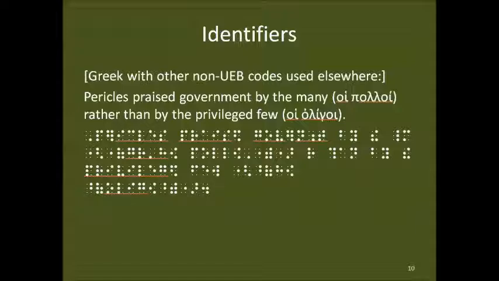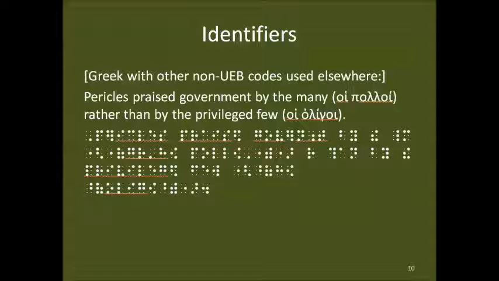Notice that there's no space between that and the actual Greek that follows. So then we have some Greek, and then of course our closing non-UEB passage indicator. It's a passage, so even though it's only 2 symbol sequences, we still need to terminate it, just like any other passage. The next time the Greek comes along, though, we don't need to say Greek. We can just use the non-UEB word indicator, because we have 2 words.